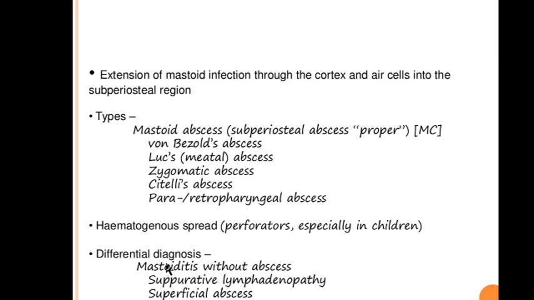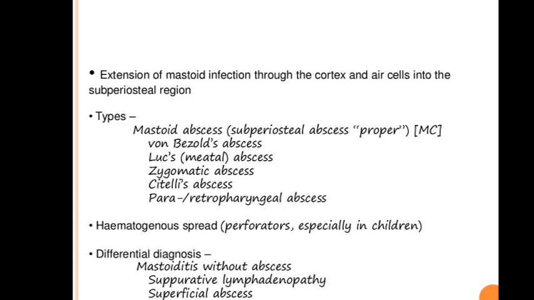That means sometimes these kinds of abscesses spread and come out somewhere else, so you may get confused whether it is CSOM or something else. What are the other things that may come to your mind? Suppose a patient has come with an abscess somewhere on the lateral side of the neck, sitting on or adjacent to the sternocleidomastoid.